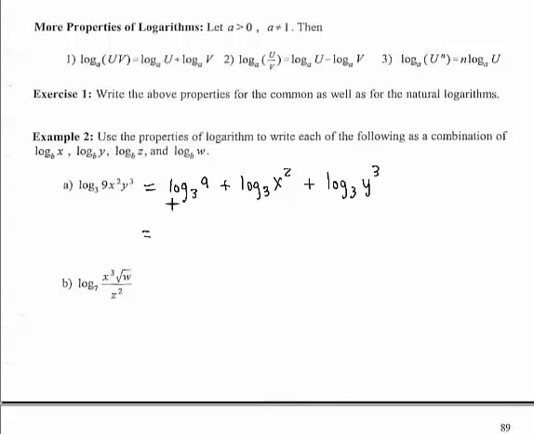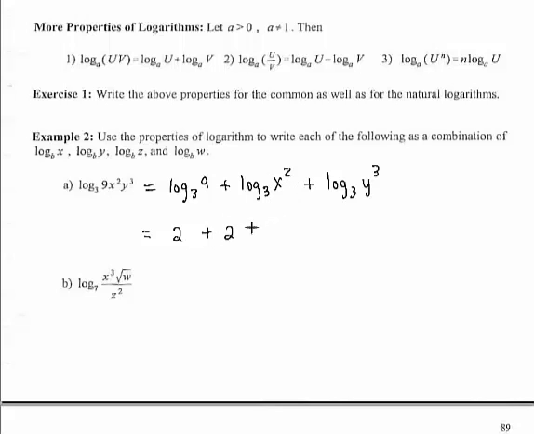And now we could go a bit further and say, well, the log is simply just asking the question, what exponent do we raise 3 to get a 9? And that would be 2. Okay, we can actually calculate this one. And then the second expression in our sum can be rearranged using the third property, because the argument now has an exponent of 2, and from the third property we see that we can simply bring the exponent down in front of the log, multiplying the log.